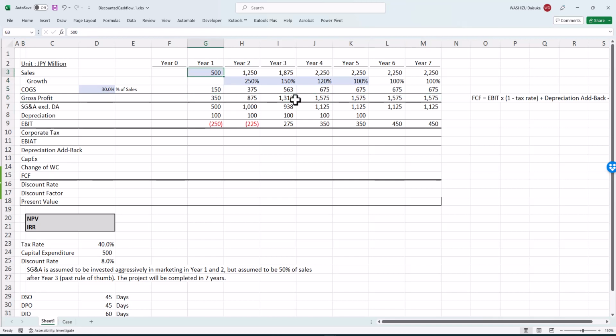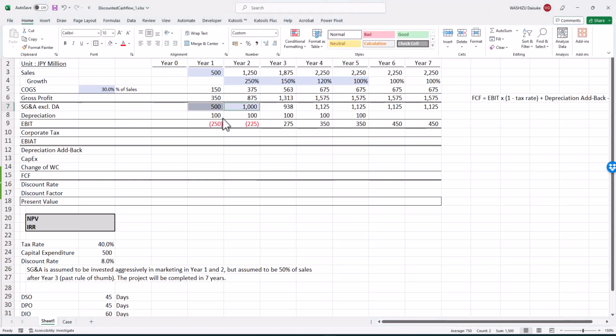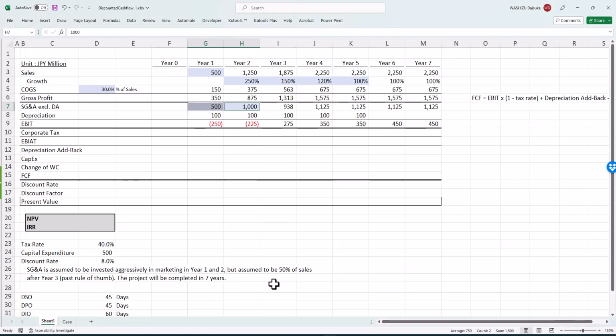And now we get the gross profit. Very simple: sales deducting the COGS. And now we have an SGA assumption. Actually, in year 1 and year 2 we don't really invest proactively. Now we have hard numbers here. But as for the SGA after year 3, this should be 50% of the sales amount.